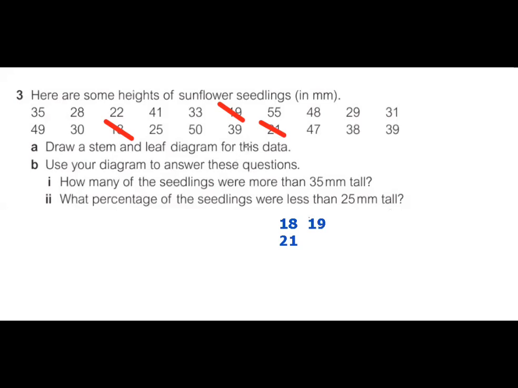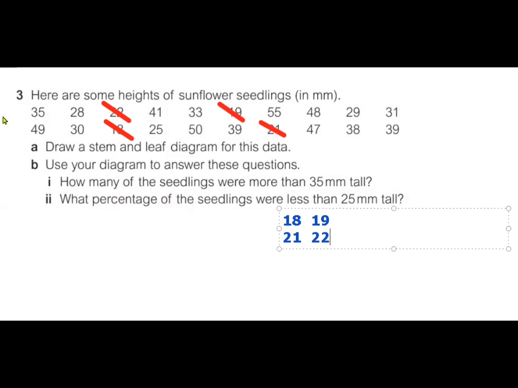So, 22. Here, 22, I make a line on it and I put it in the data. Now, because 22 and 21 are still using the same tens, it means we don't start a new line. Same idea, let's move on. What's after 22? Very good, we have 25.